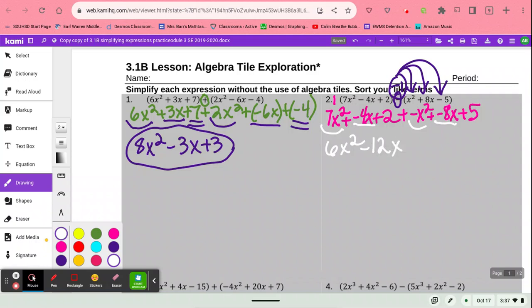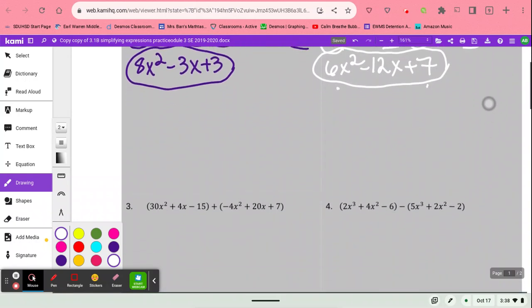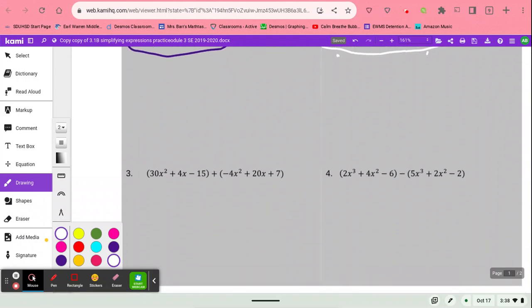And we have that constant term of 2 and 5, so that gets us a positive 7. Notice when we write expressions, if there's a variable with an exponent, that comes first, and the constant term, the number that has no variable, comes last. Okay, let's keep going.